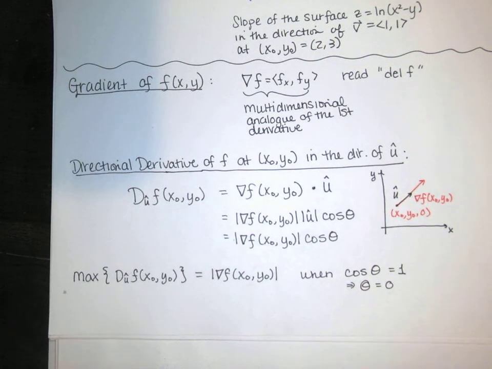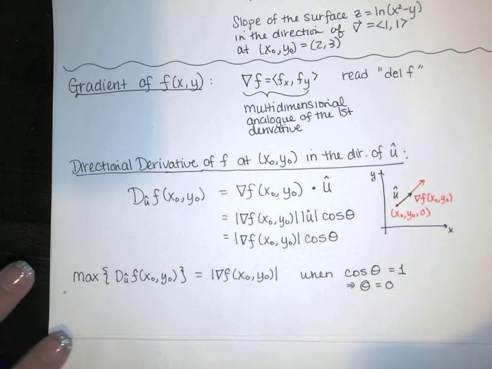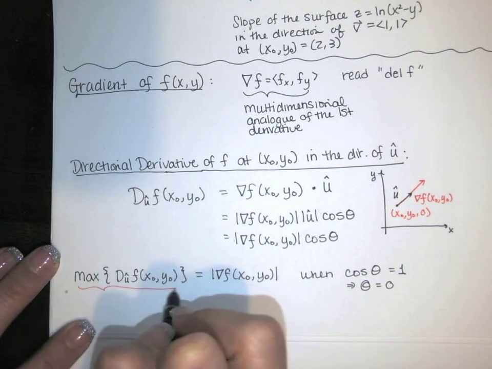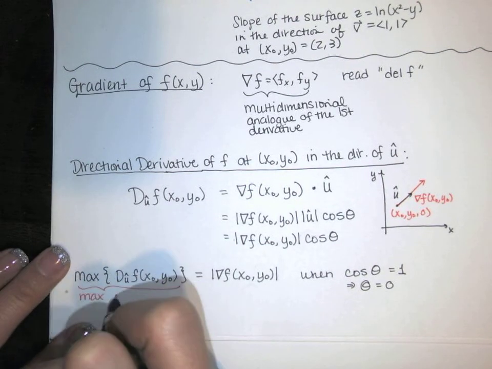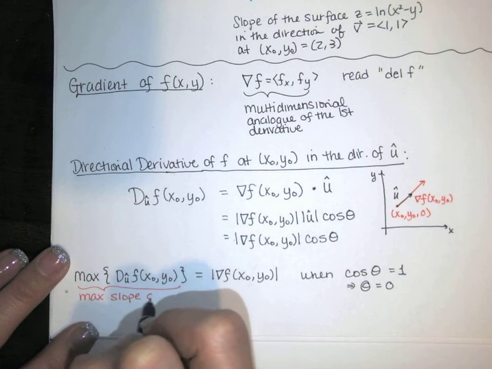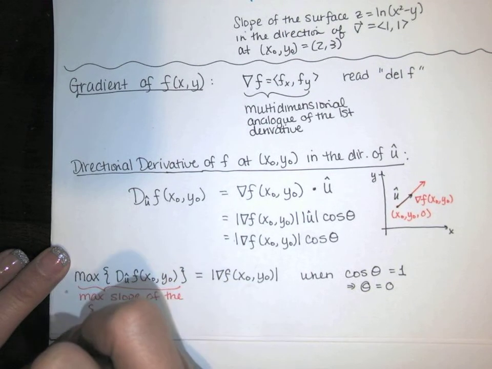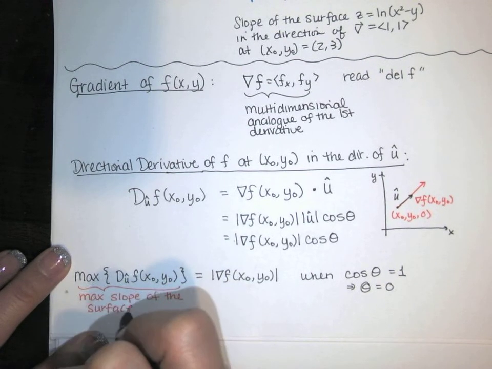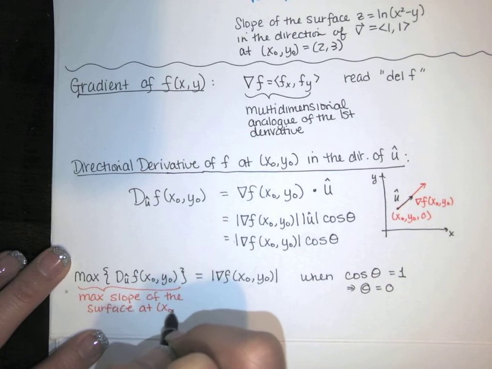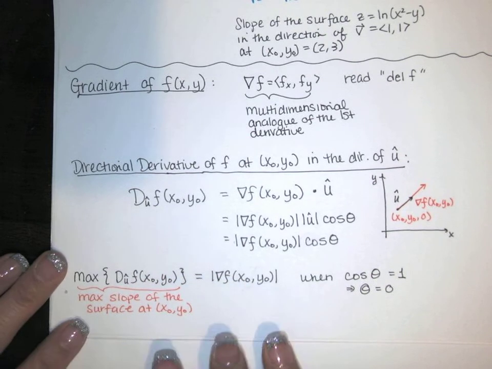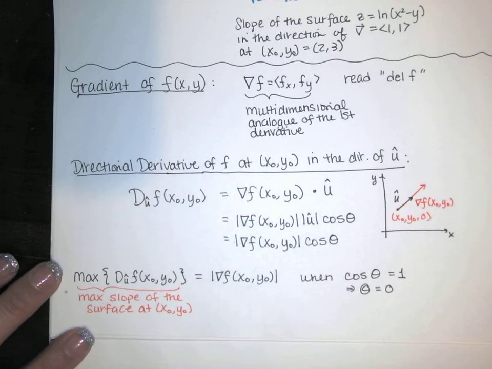Okay, so that's very insightful. So the maximum value of the directional derivative, which is the same as the maximum value of the slope of the surface at x naught, y naught, turns out to be the magnitude of the gradient at that point.